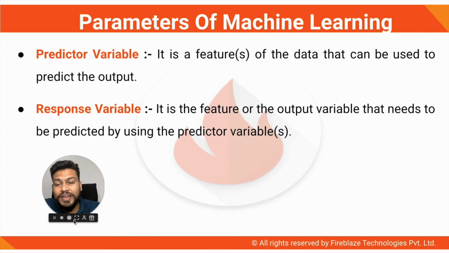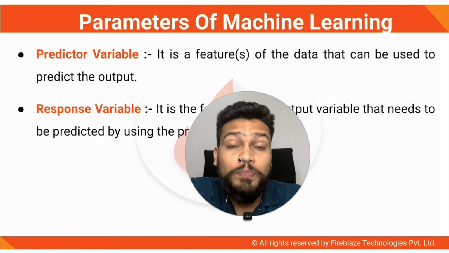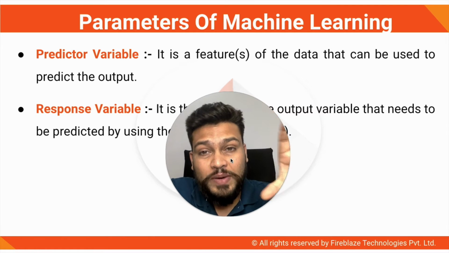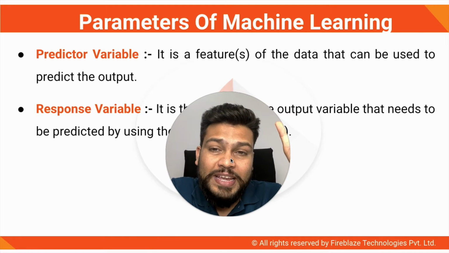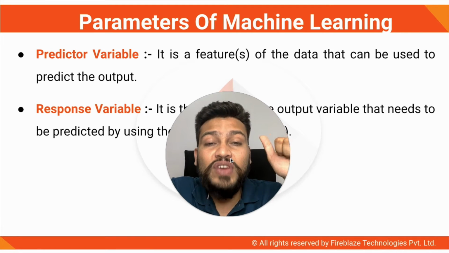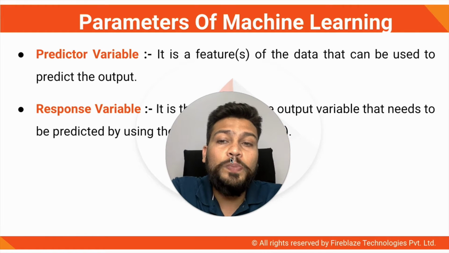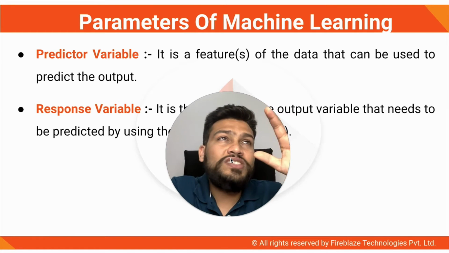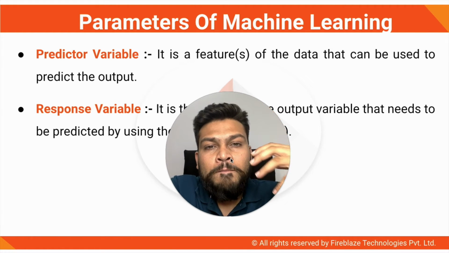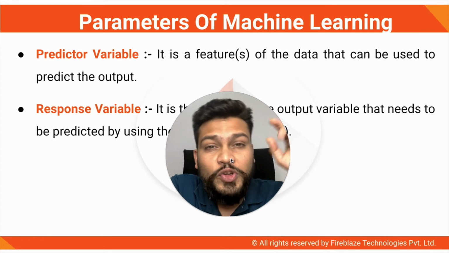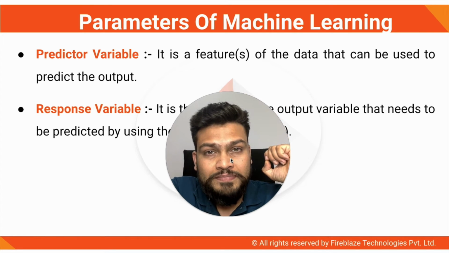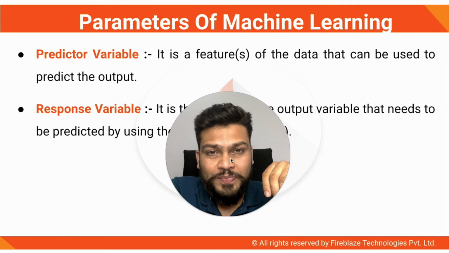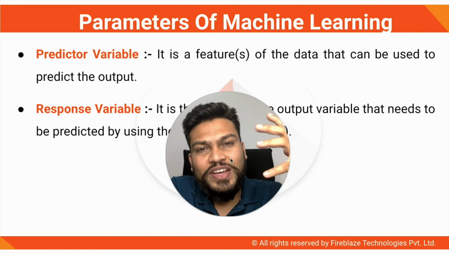Now these two are again certain things which we need to understand with respect to the data. A predictor variable is a feature of the data that can be used to predict the output. So say for example, if you want to predict what salary to give to your newly hired employee, right? How would you decide a benchmark for it? On the basis of previous years of experience, right?